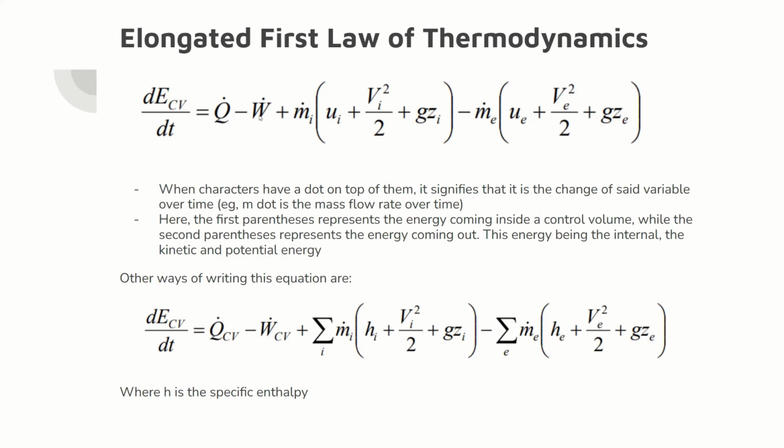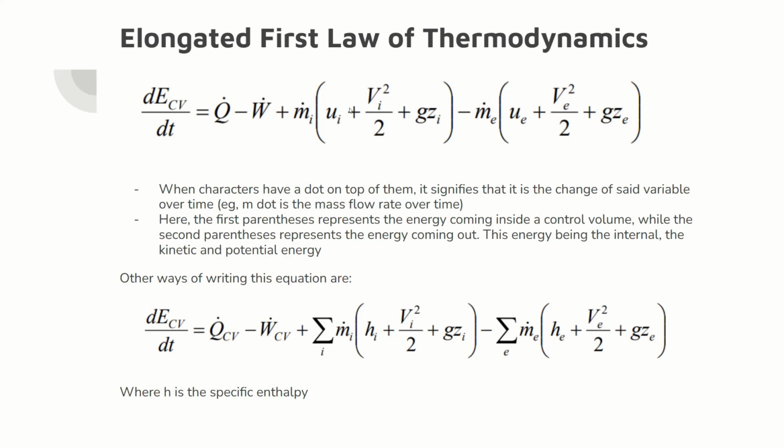Sometimes Q or sometimes work can be equal to 0, but sometimes not. Maybe it's going to be asked of you. Sometimes velocity is going to be incorporated into your exercise. Sometimes it won't be. Potential energy, again, 99.99% of the time will be equal to 0. So these two values, you can cancel them out.